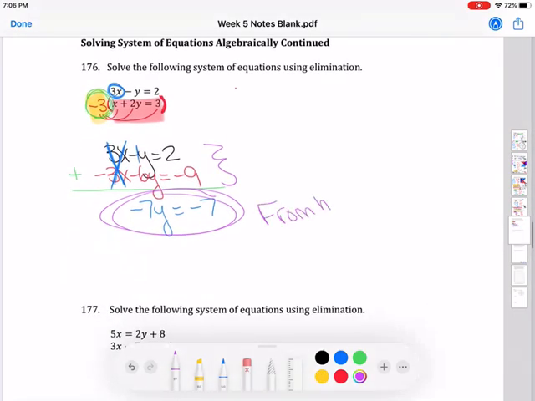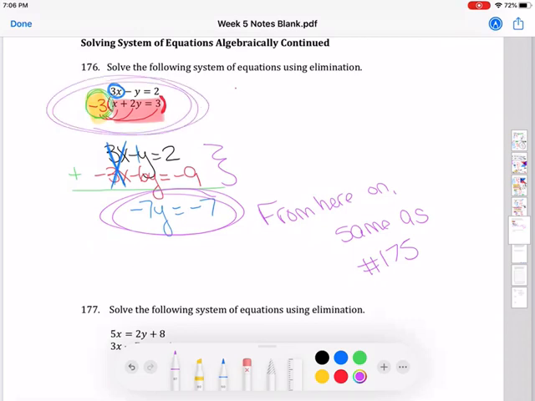So from here on, it is the same as number 175. So I'm not going to make you go through the work again, but that's the whole idea of elimination, is this manipulation here to make something cancel.